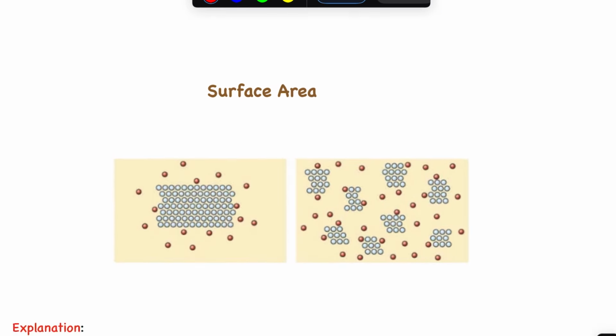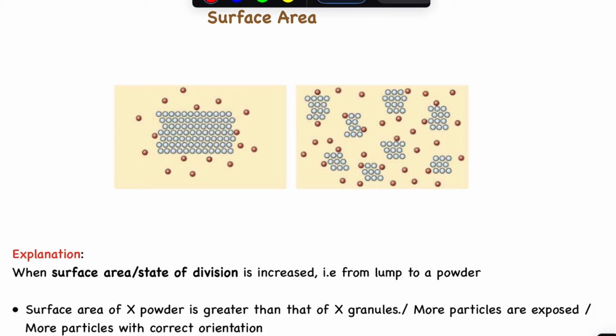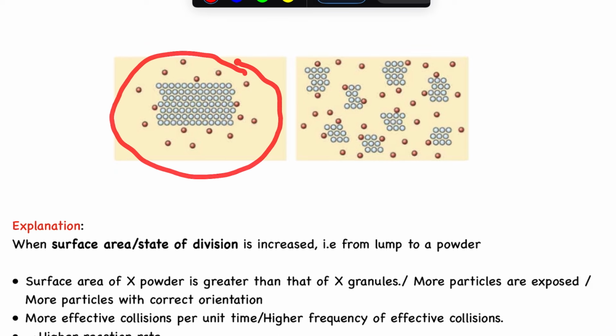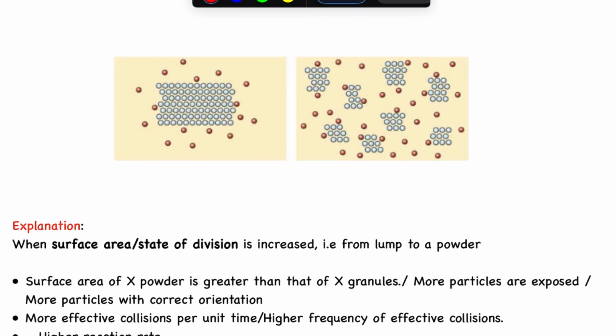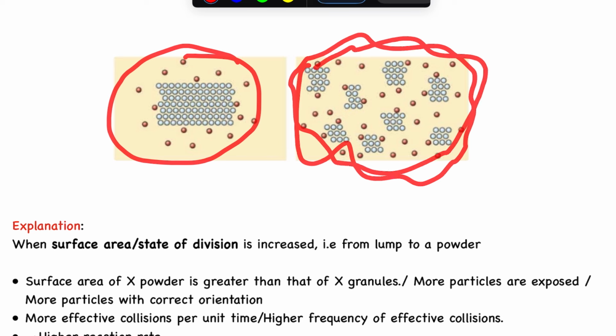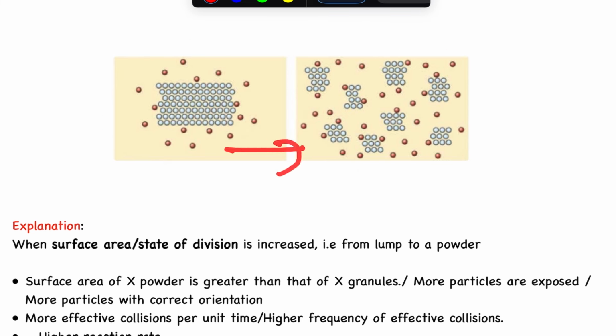Now let's look at the surface area. When we look at the surface area, guys, if you look here, this is a solid. It's one solid that is together like a tablet. But now if you grind that object into pieces, you break it into pieces, that means you are increasing the surface area.